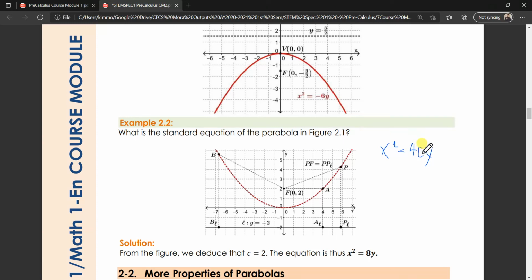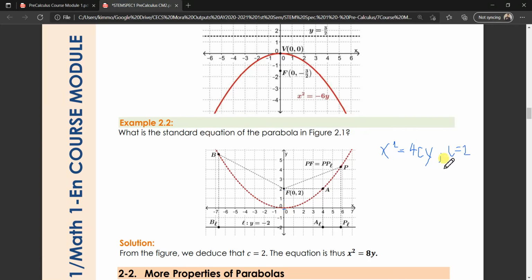And again, c is the distance from our vertex going to our focus, or the distance from our vertex going to our directrix. So from the graph, we can easily identify that from our vertex going to our focus, this is 1, 2. So it has a distance of 2, meaning our c is equal to 2. So that is the same if you use the vertex and the directrix. So 1, 2.